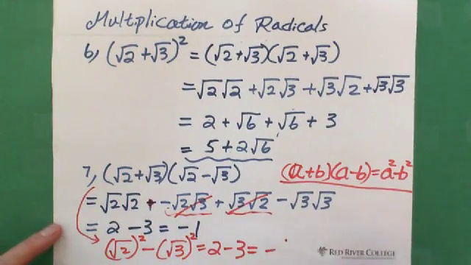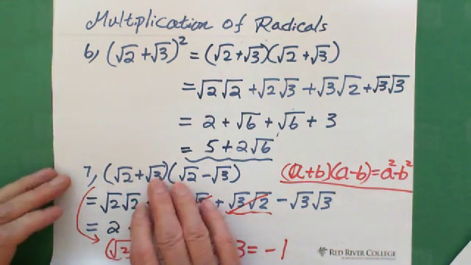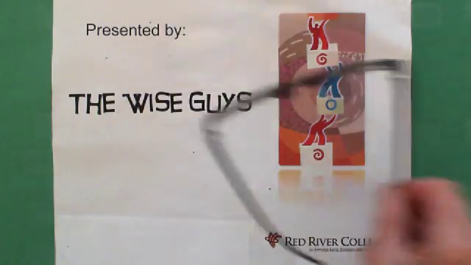So you can see the same answer. One is step by step, doing each of them. The other one just follows the formula. Actually, after practicing, this is very useful. Okay. So this is the multiplication of radicals presented by wise guys. Thank you.